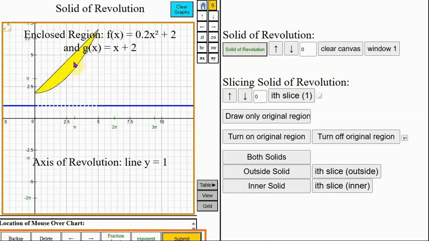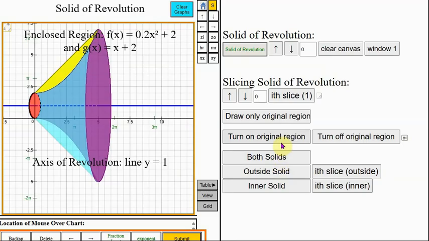And now let's revolve this region right here about the line y equal to 1, and this is what they would look like. And so the solid of revolution generated by the line g of x equal to x plus 2 will be the outer solid.